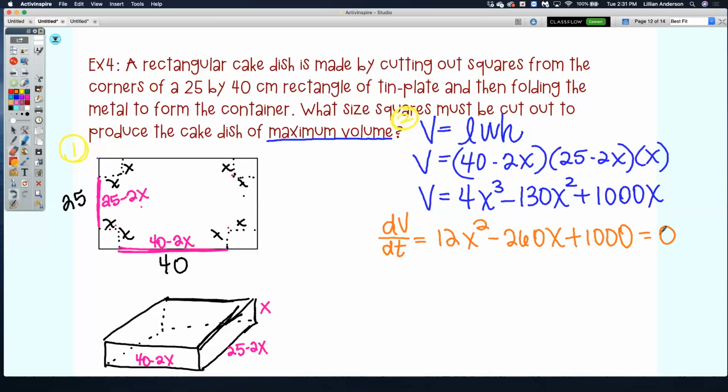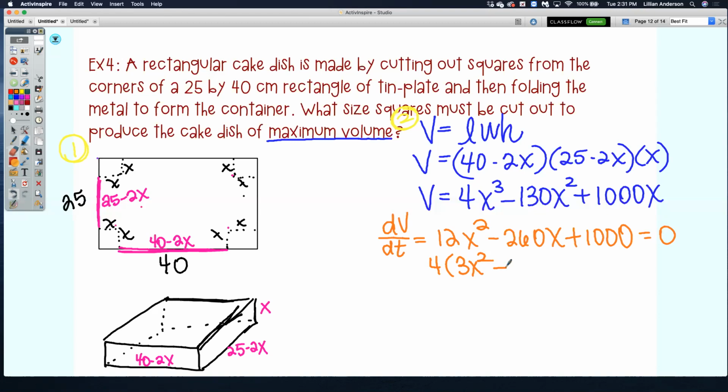What's the first thing you look for when you factor a quadratic? The greatest common factor between 12, 260, and 1,000. That becomes 3x squared.